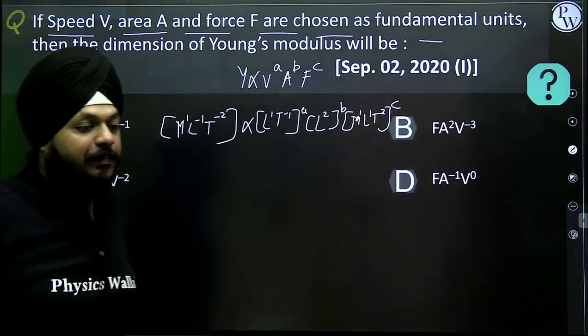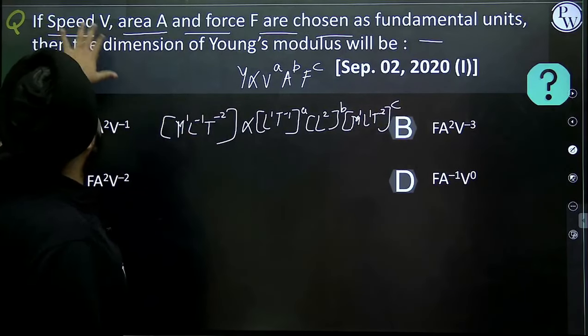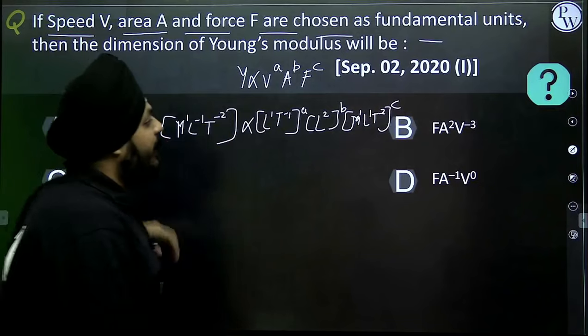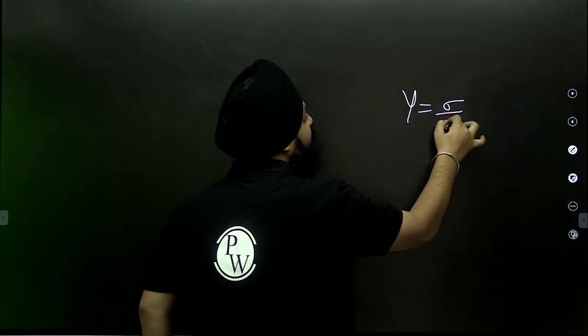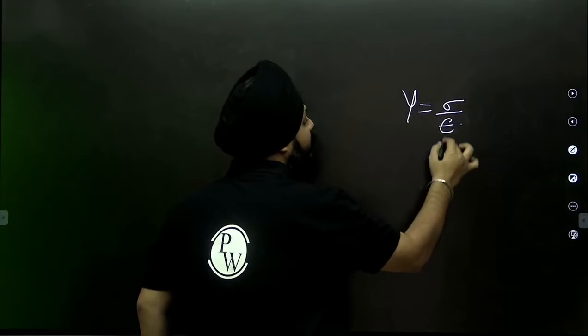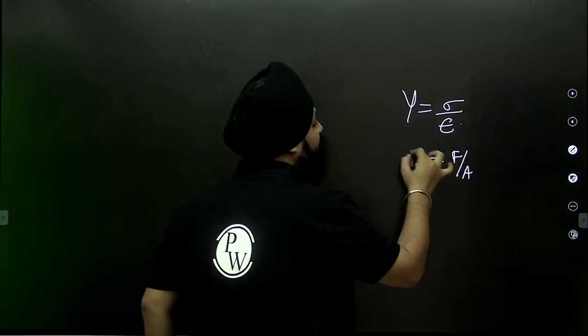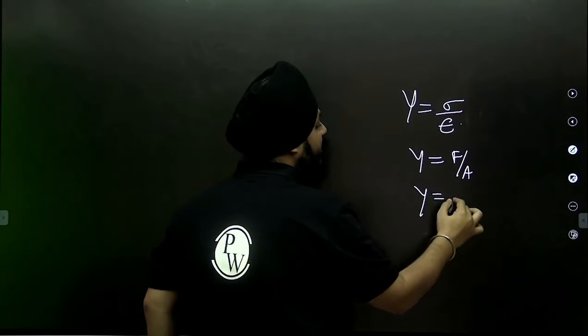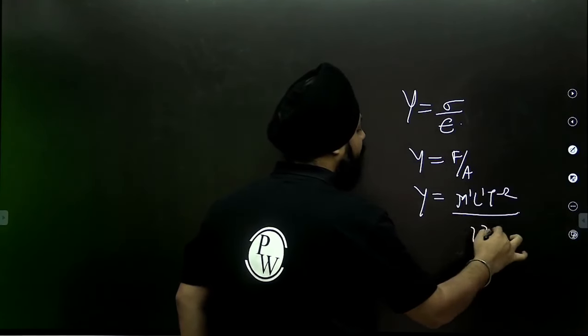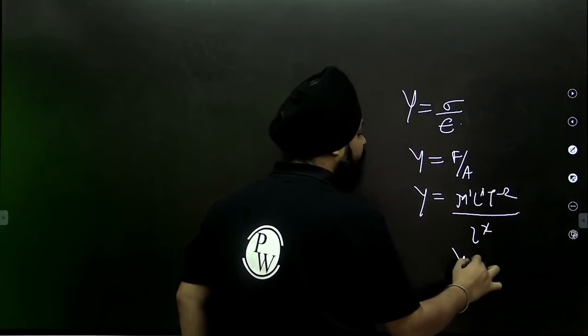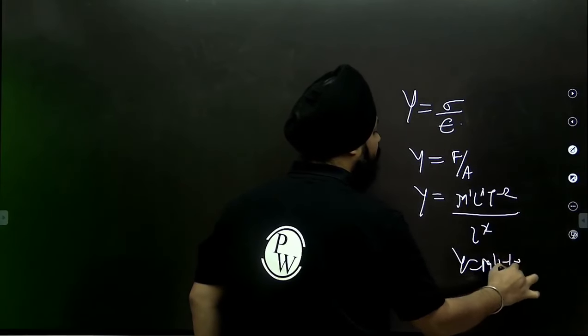See, how did we derive Young's modulus? It's very simple. Young's modulus is stress by strain. Strain is dimensionless, and stress is force per unit area. So that is M1 L1 T minus 2 divided by L2. This cancels, and Y is equal to M1 L minus 1 T minus 2.